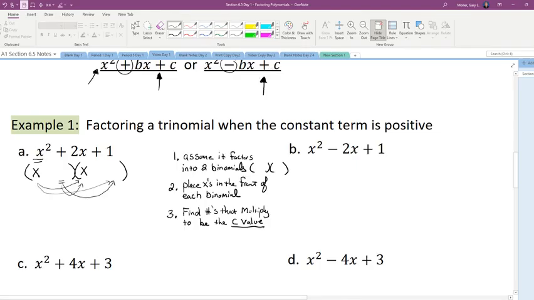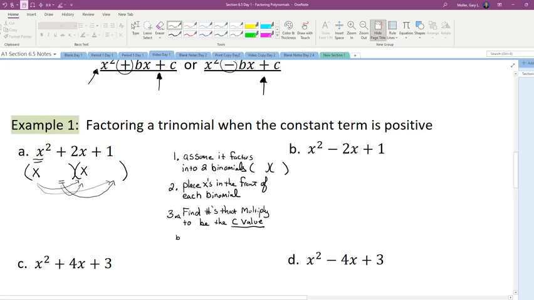In other words, we're talking about the constant. Sometimes, like in this case, there will only be one option. The only way we could do it is if it's 1 and 1. But on others, you will see that there might be lots and lots of options. Before we move off step 3, we need a step 3b. So we'll call this 3a and 3b. And I want you to think about the fact that we have a positive 1. In all the examples today, remember, we're talking about where the C value is positive.